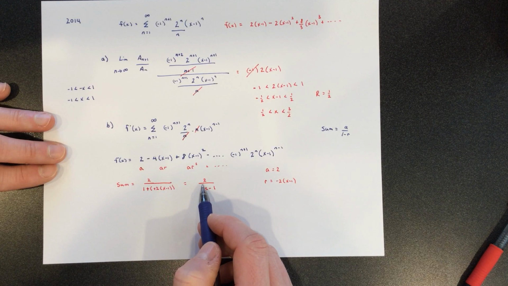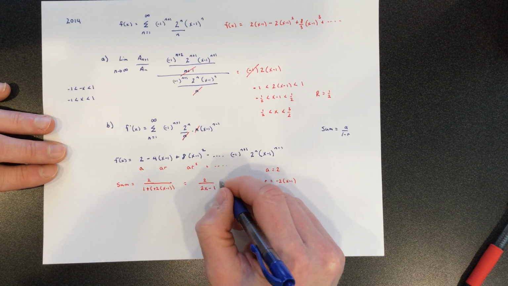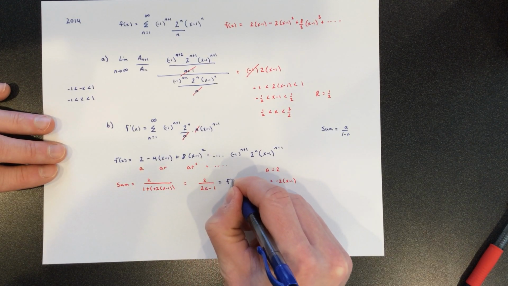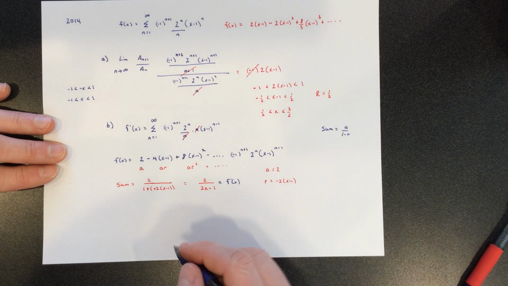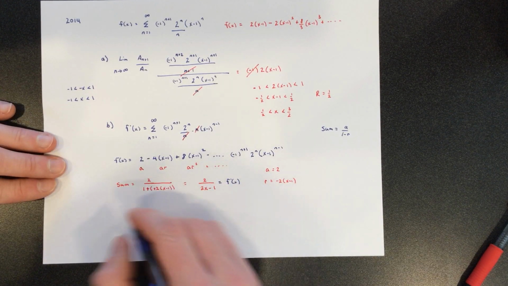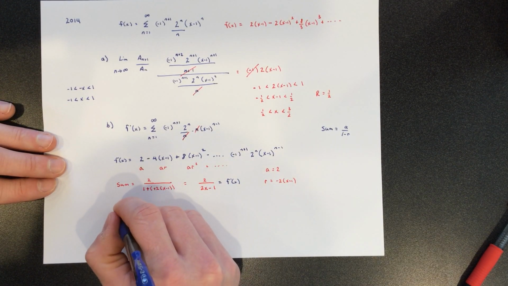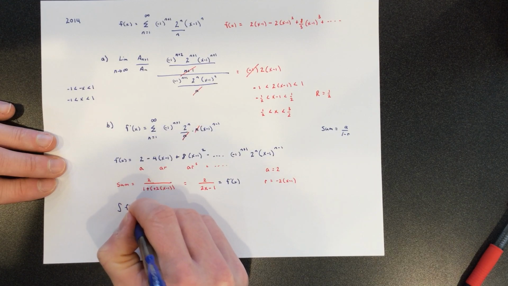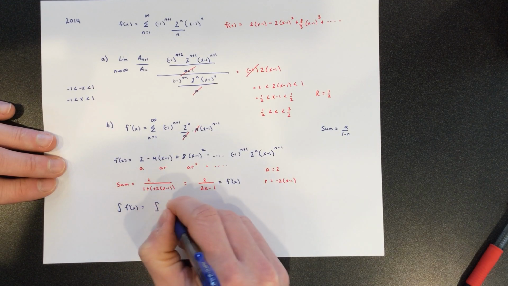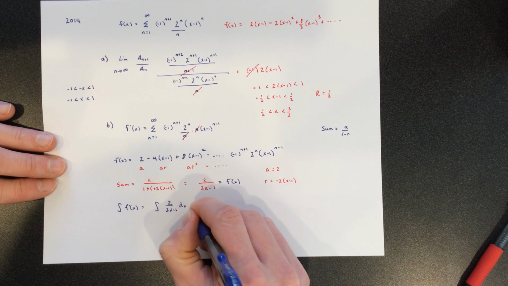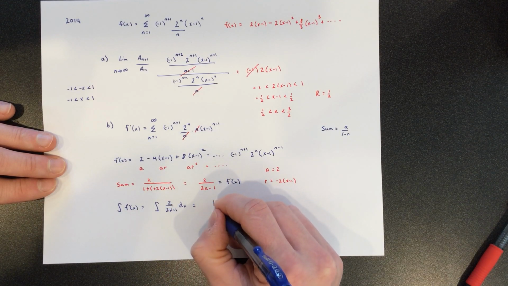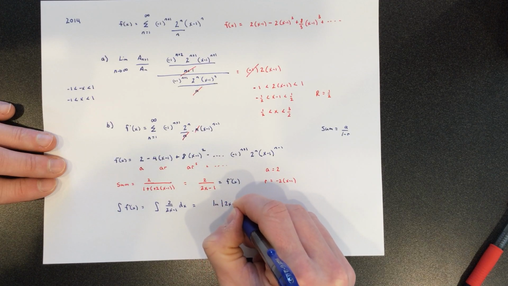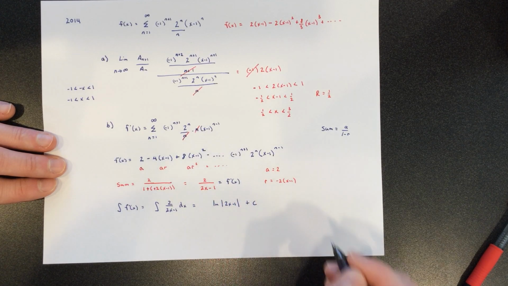That's f prime. And then we're going to use the fact that we know this is equal to f prime to find the function, because we can just integrate. So if you integrate this, right, the integral of f prime, the integral of 2 over 2x minus 1 dx is just the natural log of 2x minus 1 plus some c.